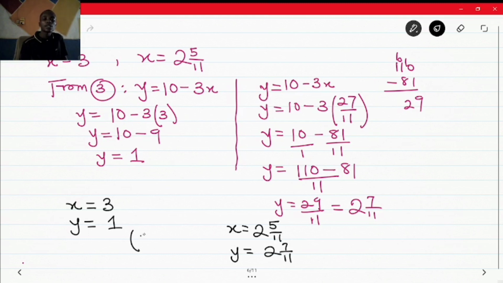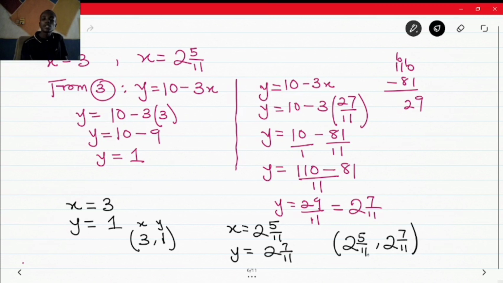In some other cases you can write it this way. It will still be correct because this is x, this is y, and I write 2 5 over 11, comma 2 7 over 11.